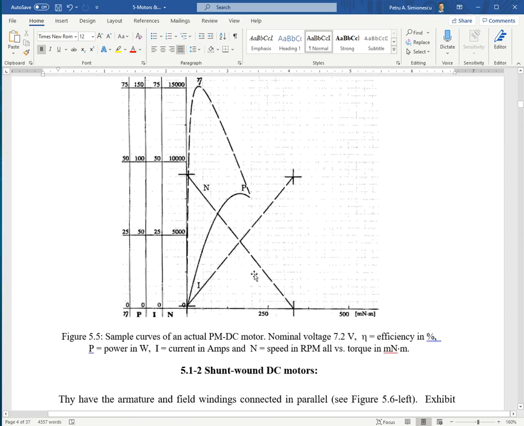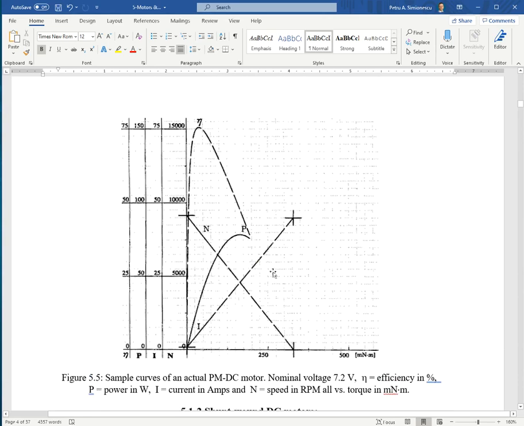So in terms of heat dissipation and sizing the fan, it should be such that the rated torque and rated RPM are around the maximum efficiency.